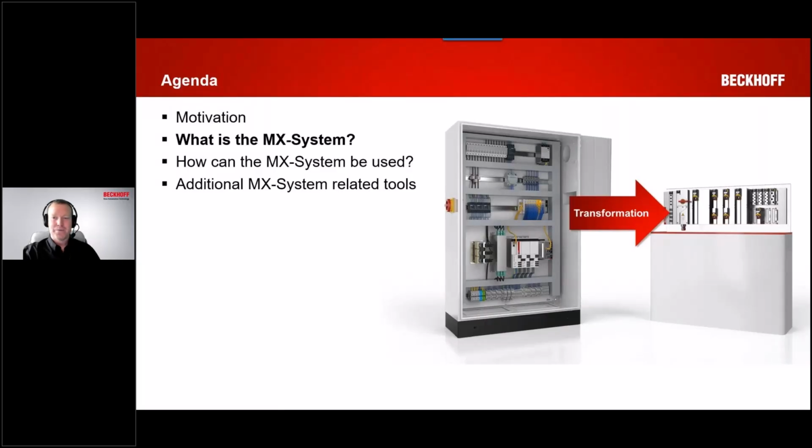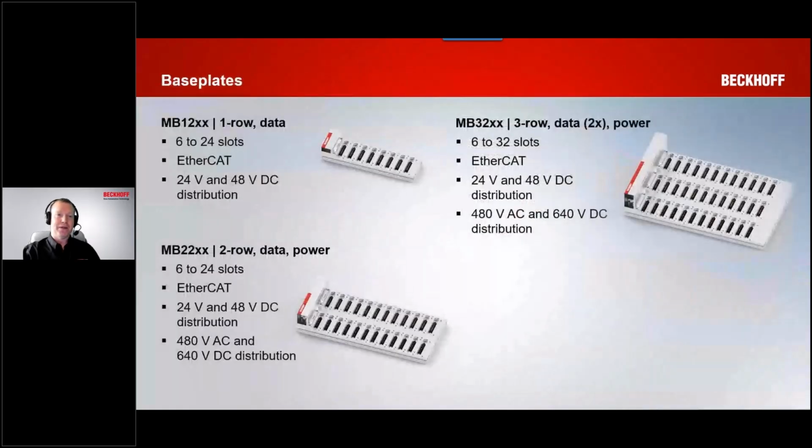So if we dig into the MX system, the backbone to all of it is the base plate. When you look at the MX system, we've seen a lot of pictures so far showing all these components, a standard form factor there. The base of all that are these base plates. Right now we're looking at these three different styles.